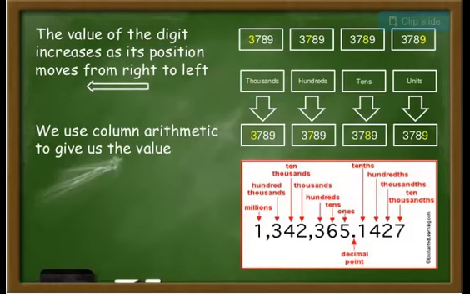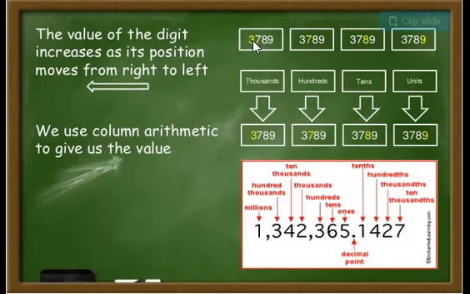Here you can see the example we have, 3789. First, 9 has the yellow mark, that means 9 is in the unit place. Next, 8 is marked, that means 8 is in the tens place. Next, 7 is marked, that means 7 is in the hundreds place.